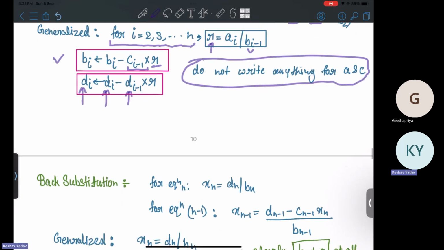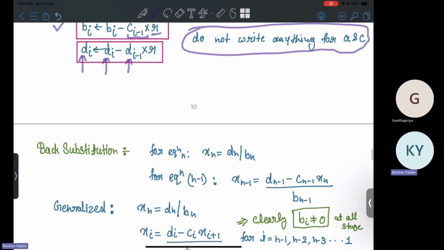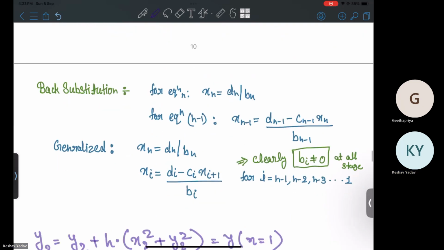Now after that, what will we do? We will do the back substitution. For the nth equation, we have some an, bn, and here we have some dn. After the forward substitution, this an becomes 0.